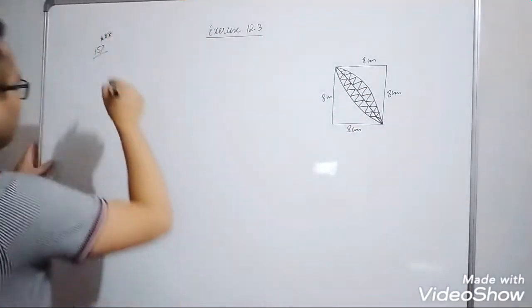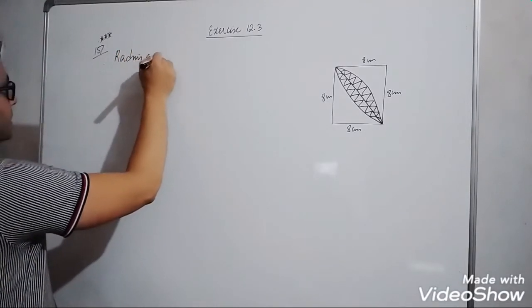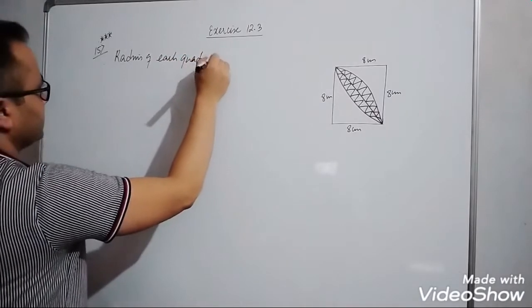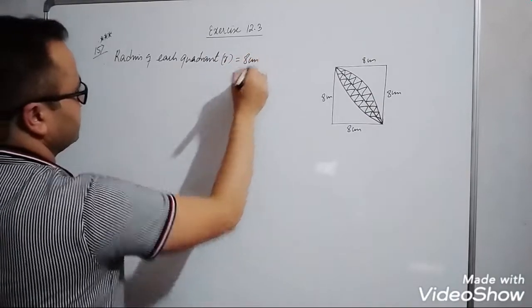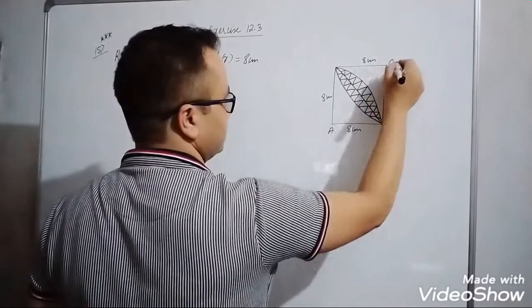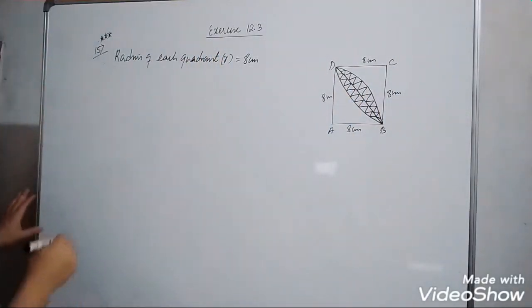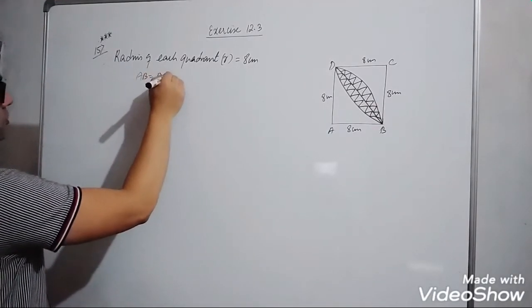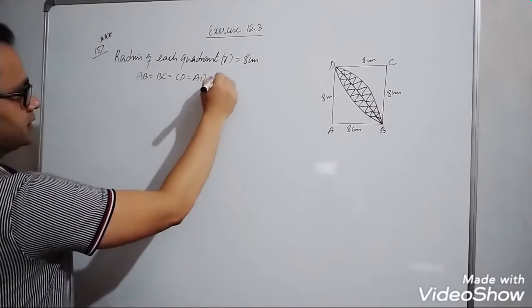So radius of each quadrant, R equals 8 centimeter. Now this is A, B, C, D. And AB equals BC equals CD equals AD equals 8 centimeter length.